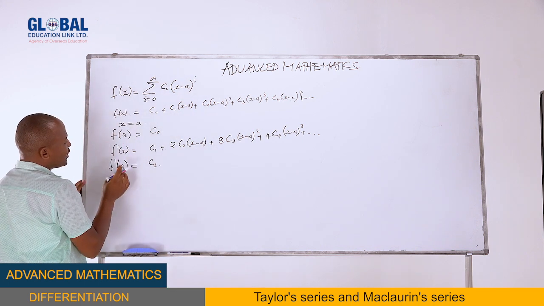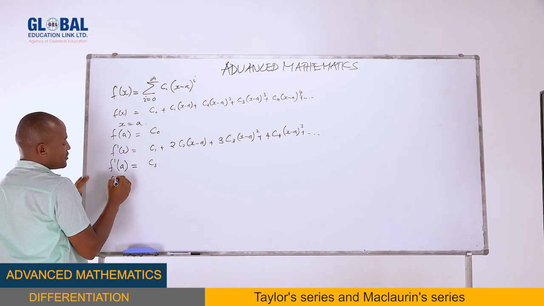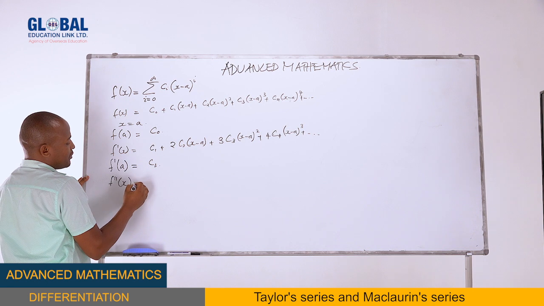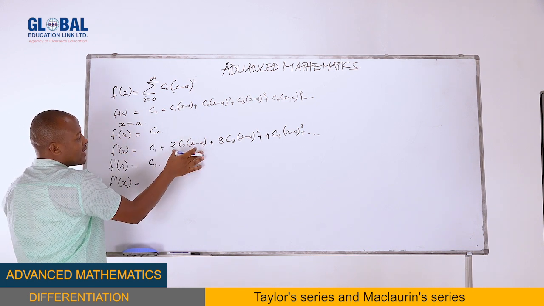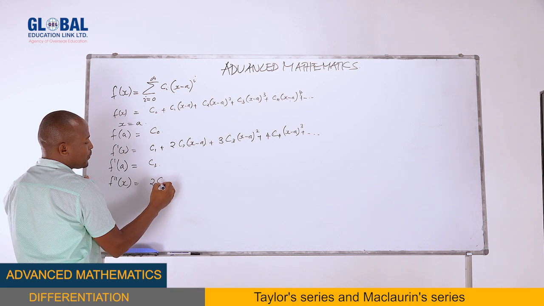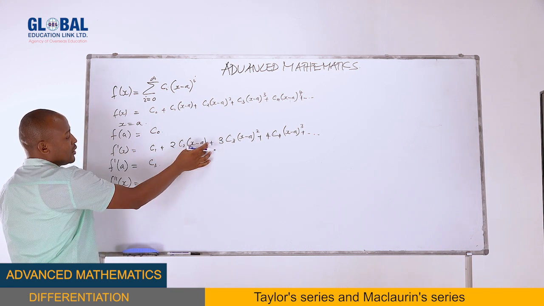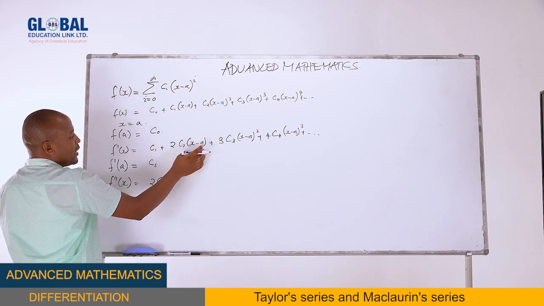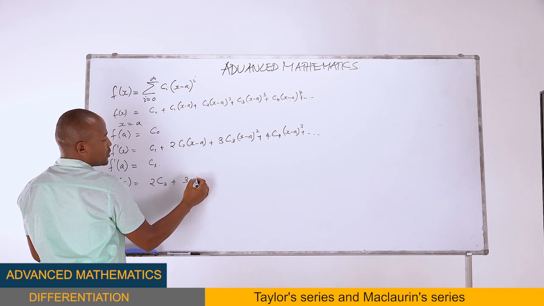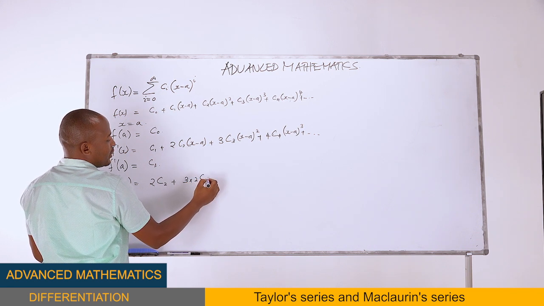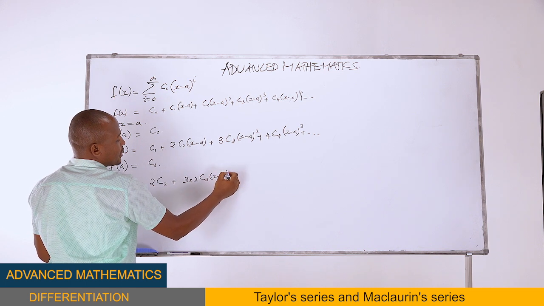That means let's go on and differentiate this one to the second derivative. Differentiating that to the second derivative, the constant will go, and we will be left with 2 c2. Then this, remember, is raised to 1. That means it will be equal to a 1, plus this one, it will be 3 times 2 c sub 3 times x minus a raised to 1.